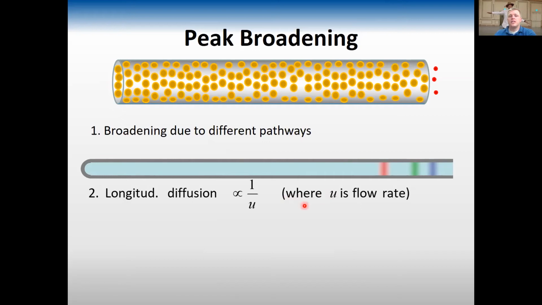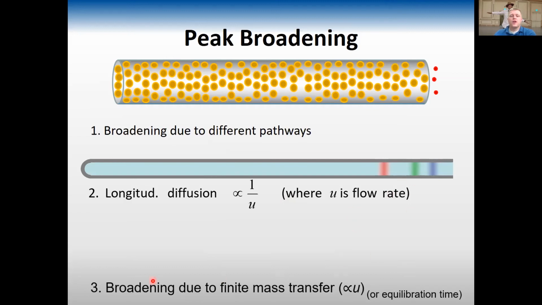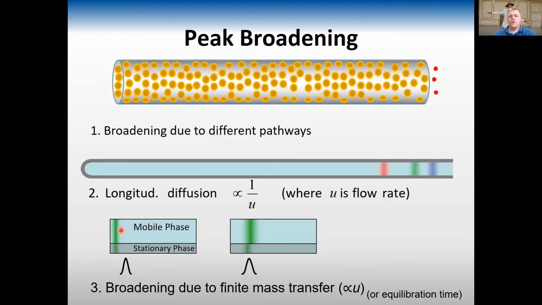But it's not necessarily always ideal to crank up your flow rate super high, because cranking up your flow rate also increases broadening due to what's called finite mass transfer, or more simply, the equilibration time of your analyte moving from your mobile phase to your stationary phase. So your analyte, of course, is going to be spending some amount of time in the mobile phase, some amount of time in the stationary phase. And so if the mobile phase is moving too quickly, the stuff that's in the mobile phase is going to get separated from the stuff that's on the stationary phase.